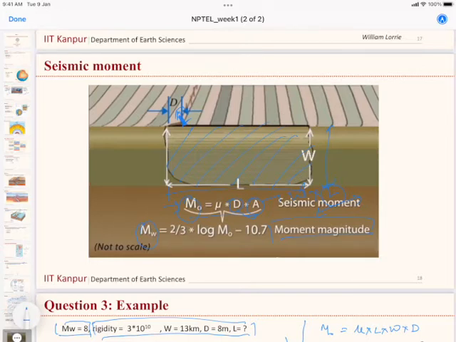This whole region which I have marked and shaded with blue color is showing the rupture area. There are mainly two kinds of deformation: first is the surface rupture, and second is the displacement along the fault.